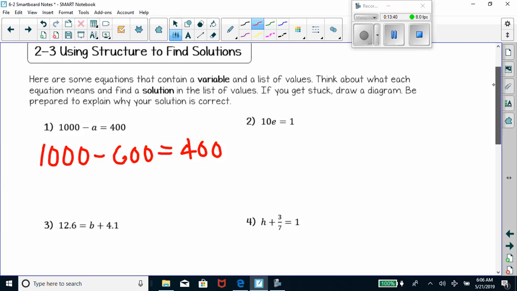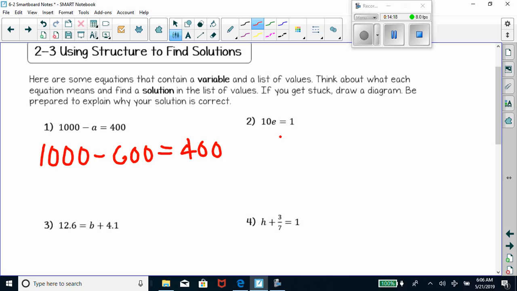Okay, that one didn't seem too terrible. Let's look at this next one. 10e equals 1. This means 10 times something equals 1. What would I need 10 of to make 1 whole? This one might be a little trickier to think about, but if I think back to my fraction division, I know if I have 10 times something equals 1, then 1 divided by that 10 equals the something.